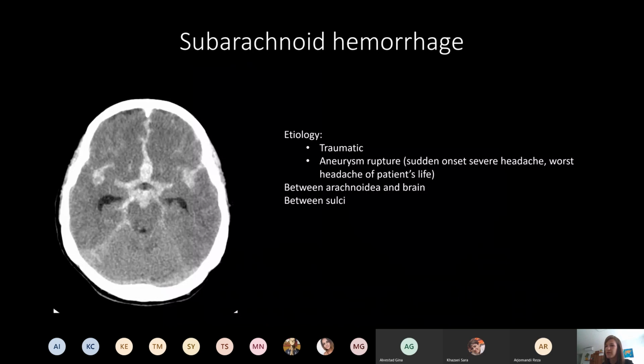Third type of bleed is the subarachnoid hemorrhage. It can be caused by trauma as well, but the cause can be aneurysm rupture.